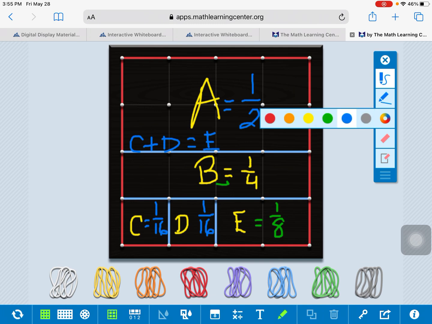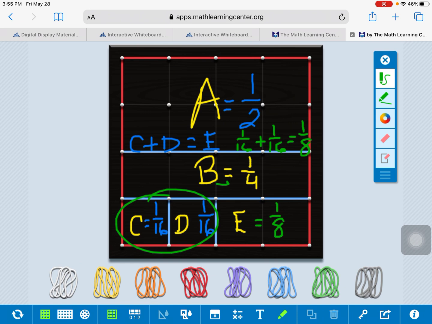Because 1/16 plus 1/16 is equal to 1/8. Because I took my two doubles and made them into a bigger piece. But the denominator got smaller. So 2/16 is equal to 1/8.